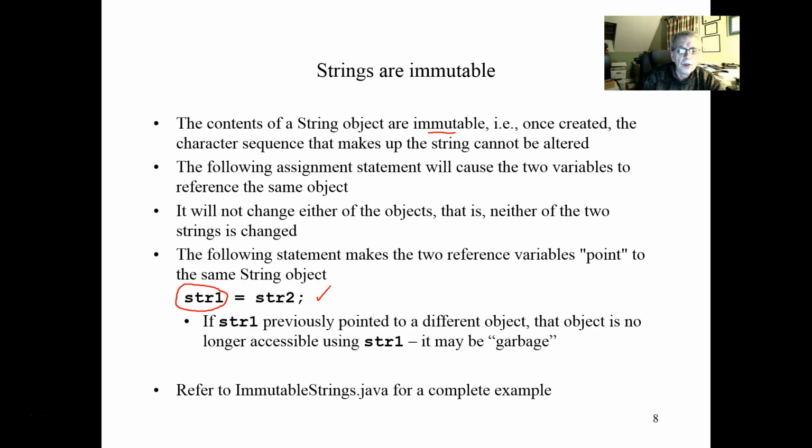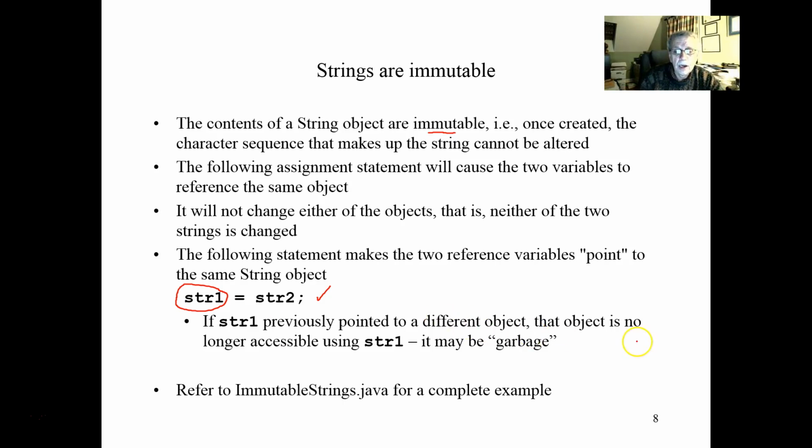So what happened to the thing that was being pointed to by str1? Well, if str1 is the only pointer or reference variable that we had in our program that contained that address, str1 is no longer pointing to that address, which means we now no longer have a way to get to that location and access the object.